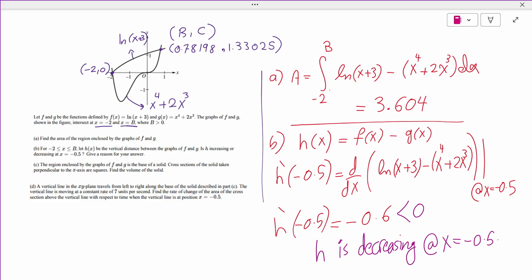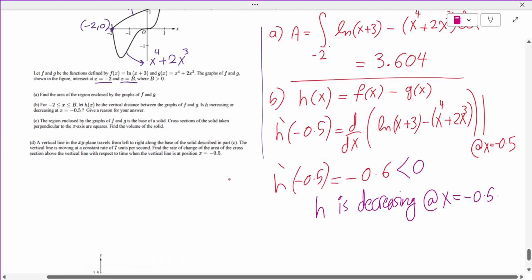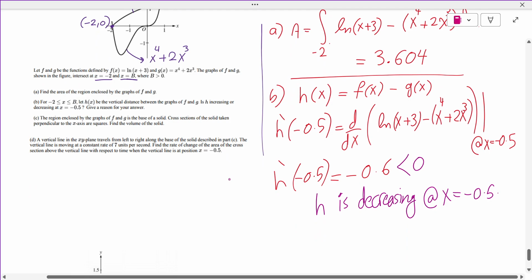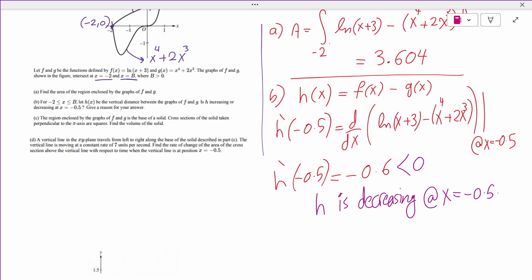Okay. Part C says the region enclosed by the graphs of f and g is the base of a solid, cross sections of the solid taken perpendicular to the x-axis, and they are squares. What does that mean?